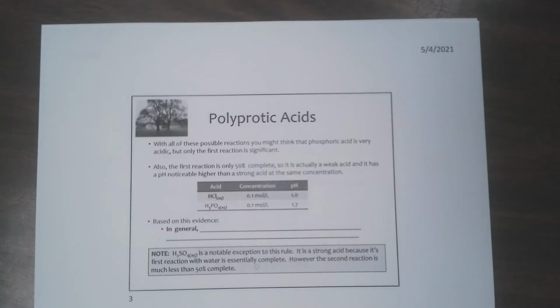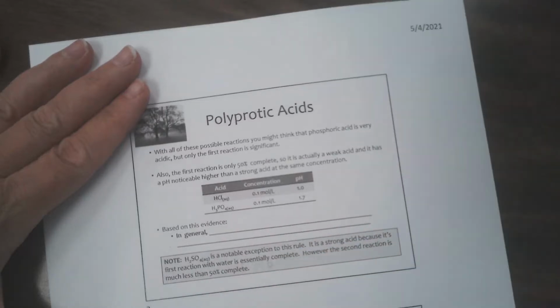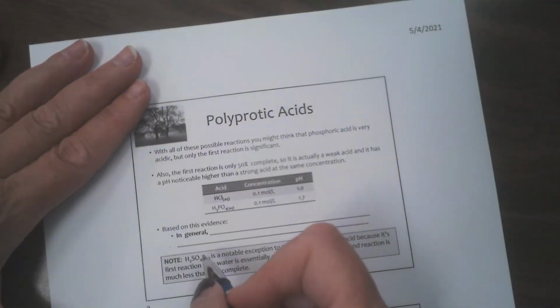No, because we have peptic acid in our stomach that helps digest and break down the protein fibers, and our stomach doesn't eat away at us. I mean, thanks to the mucus layer, but it doesn't eat away at us. And its pH is 2. So phosphoric acid is acidic, but it's a weak acid.